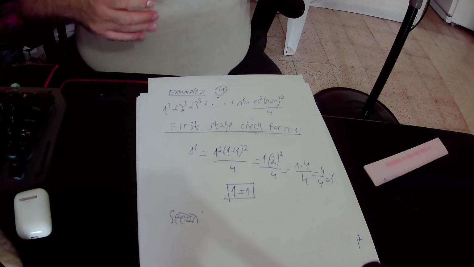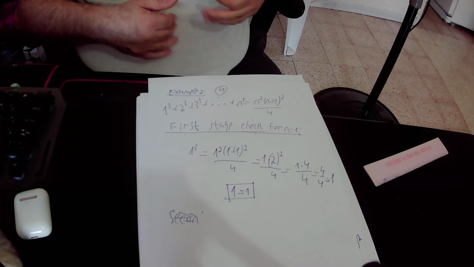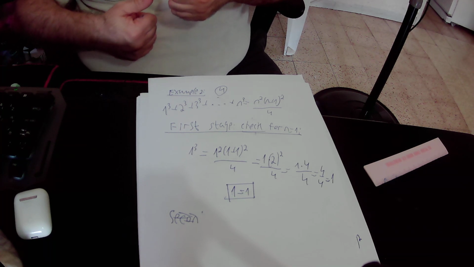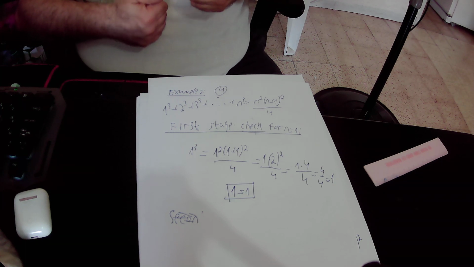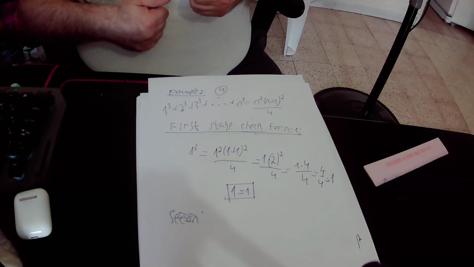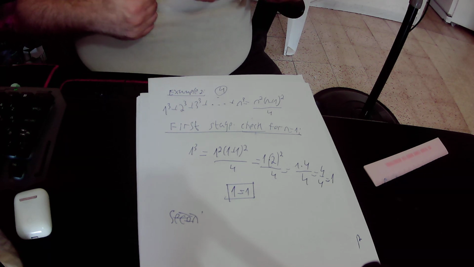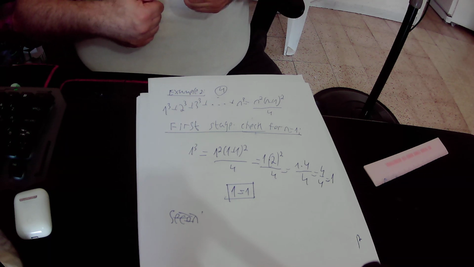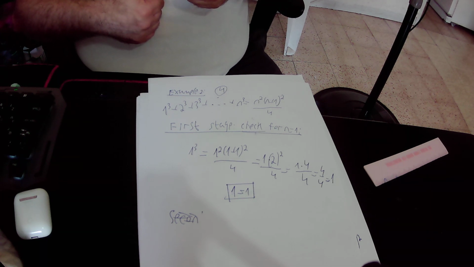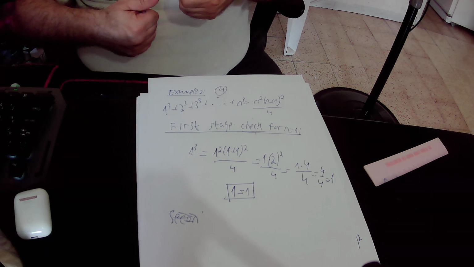we have already proved that it is true for n that equals 1, and according to our general proof that if it is true for n, it must be true for n plus 1. So we proved that it is true for 1, so it must be true for 2, that is 1 plus 1. And when we already know that it's true for 2, it must be true for 2 plus 1, according to our proof.